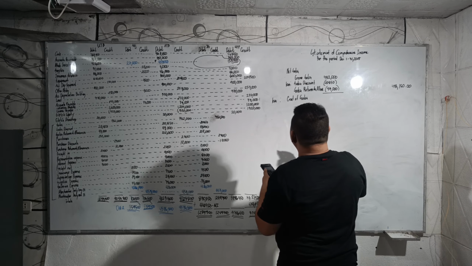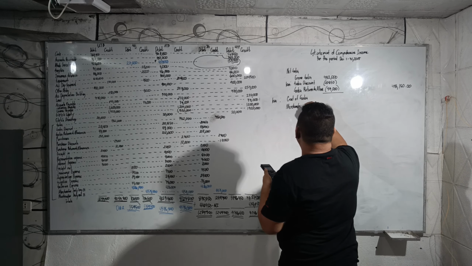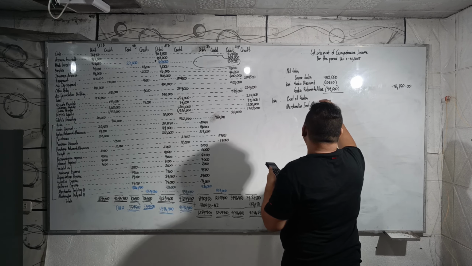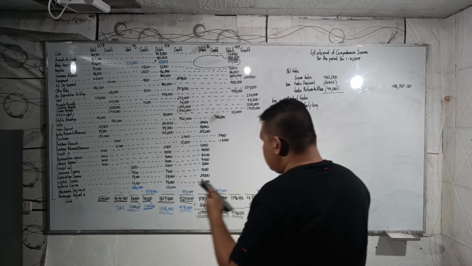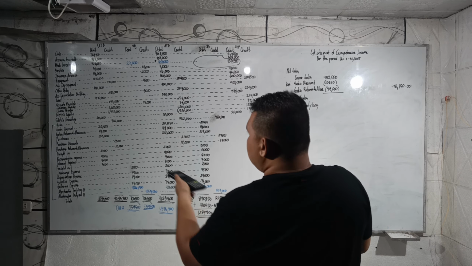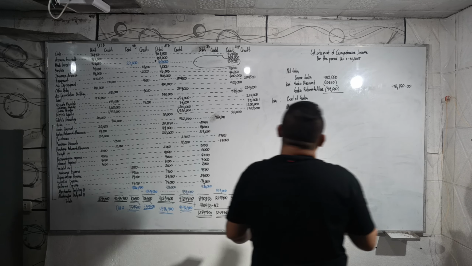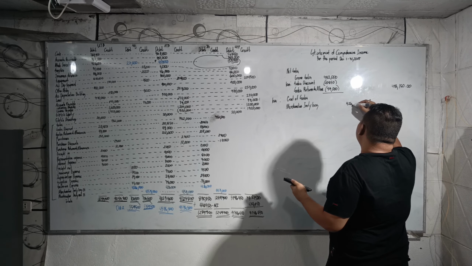The cost of sales is merchandise inventory beginning, which in our problem is 426,000. Let's indent this 426,000.